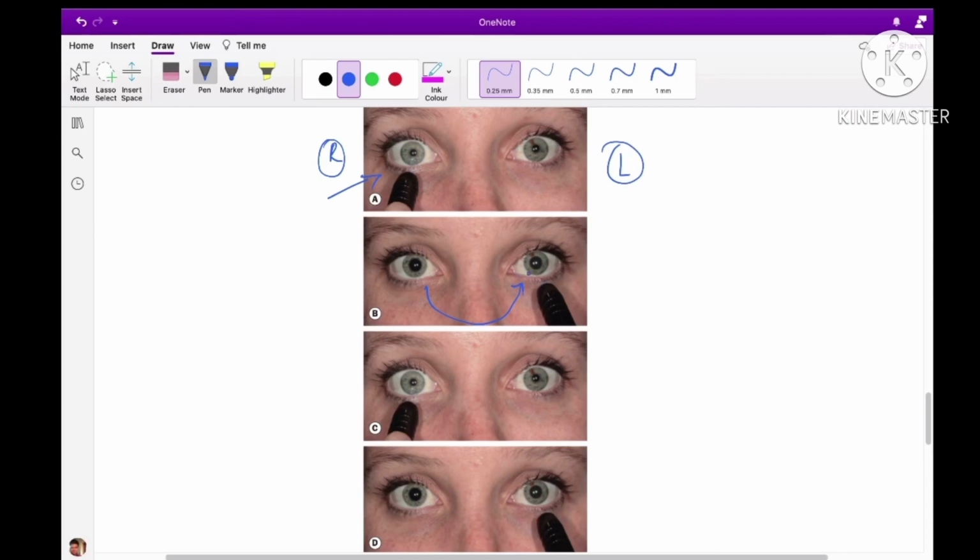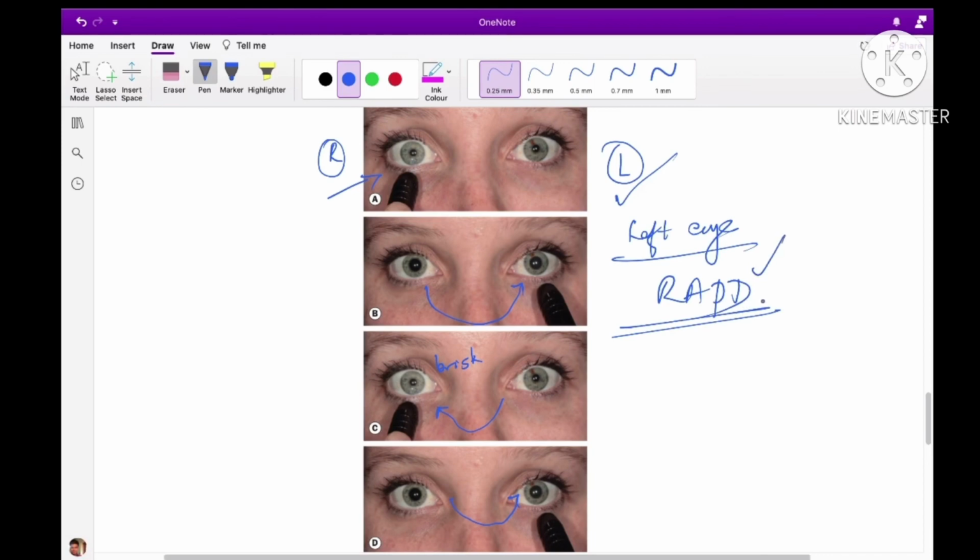After the fatigue happens, see, it is still dilating. When you come back to the normal eye, it is constricting, a brisk response. When you go back to the abnormal eye, it is dilating again. So here, left eye. Alright, through the swinging flashlight test, we are coming to the conclusion that the patient is having RAPD.